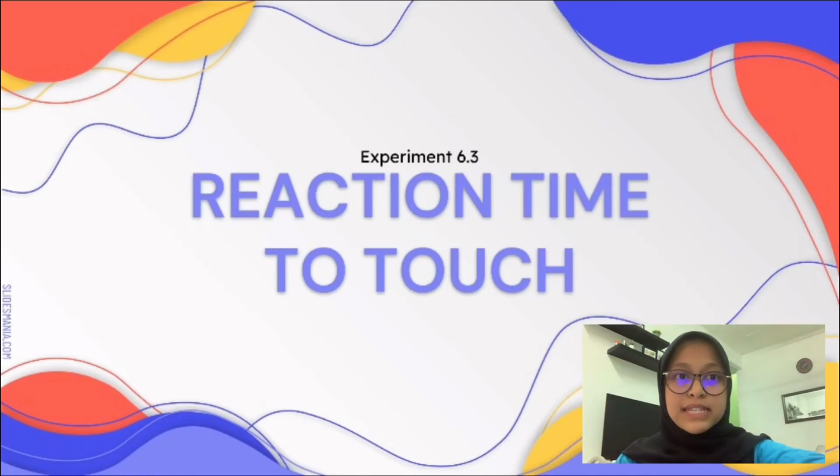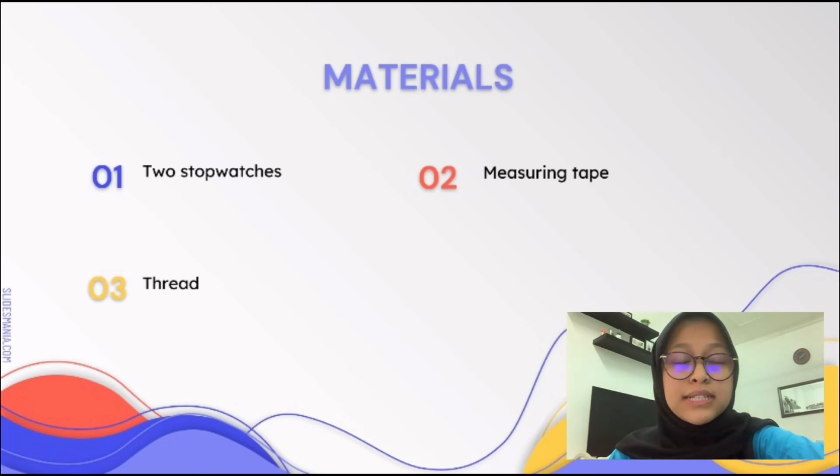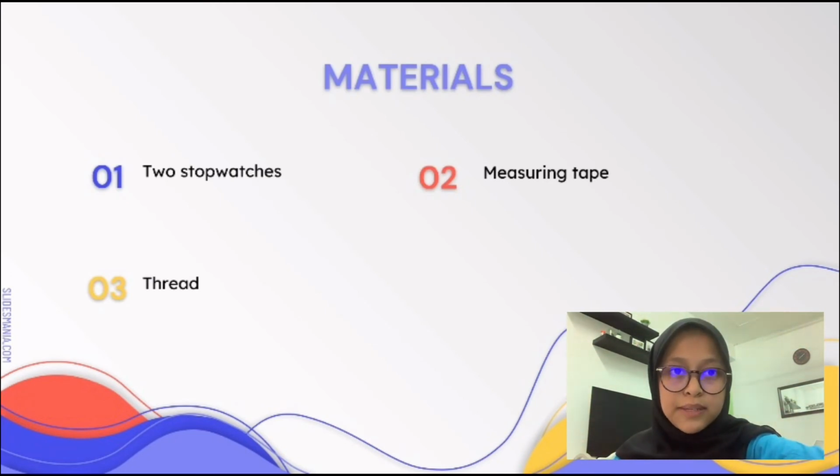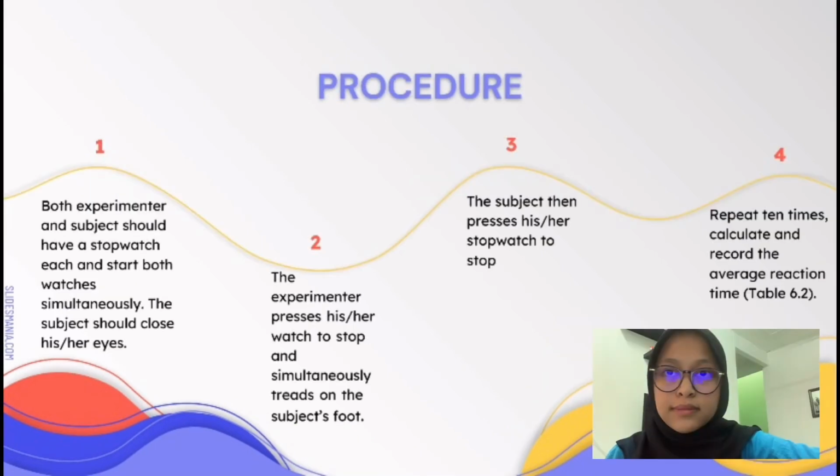For experiment 6.3, we're going to be doing an experiment on reaction time to touch. The materials involved are 2 stopwatches, thread and measuring tape. First, both experimenter and subject should have a stopwatch and start both watches simultaneously, and the subject should close his eyes.